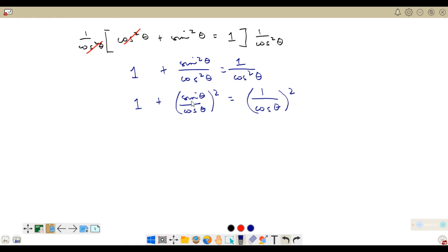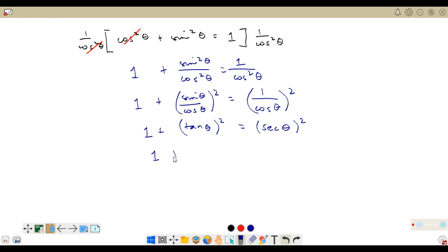Ano yung alam natin about sine theta and cosine theta? This is equal to tangent theta. Siyempre, nandyan pa rin yung squaring function. And 1 over cosine theta is equal to secant naman. Ay, mali. This is secant theta. And syempre, naka-square pa rin siya.